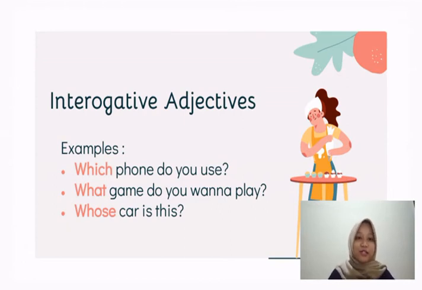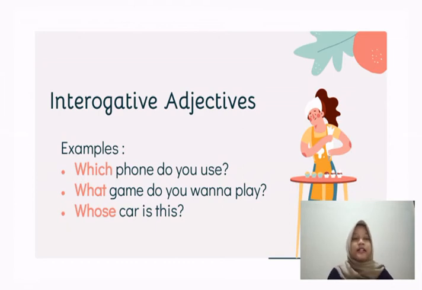So this adjective asks a question, and it must be followed by a noun or pronoun after words like which, what, whose, and other interrogative words. It must be followed by a noun or pronoun. And this word will not be considered an adjective if a noun does not follow right after it.